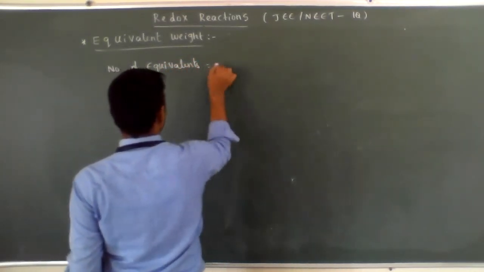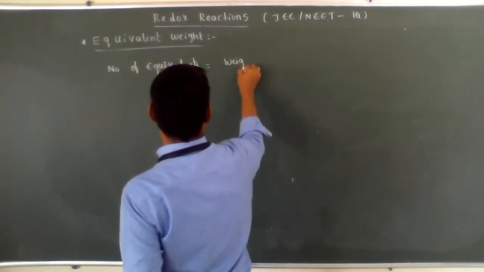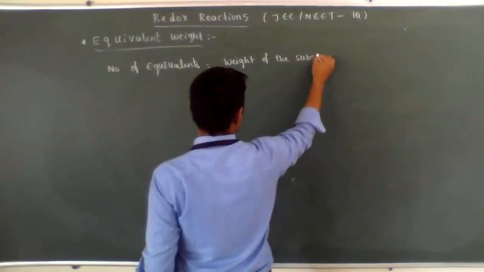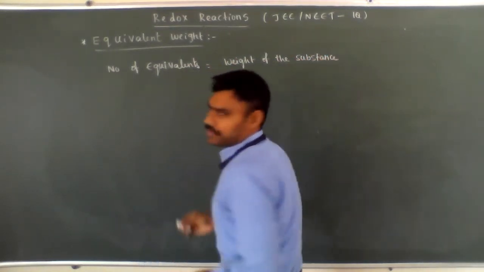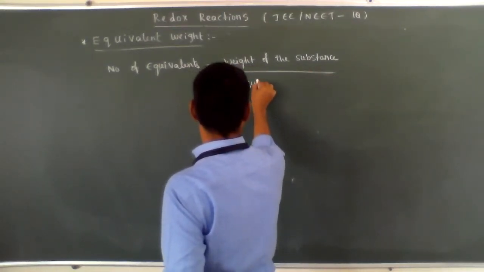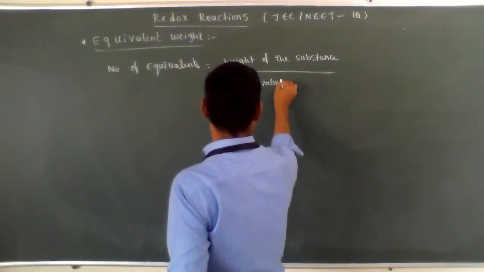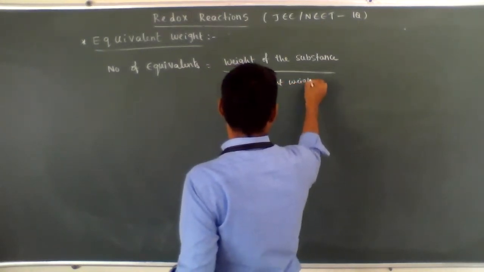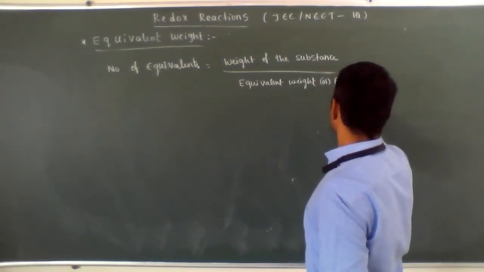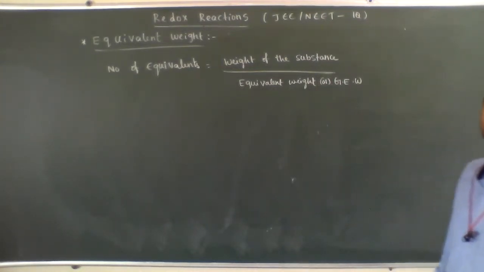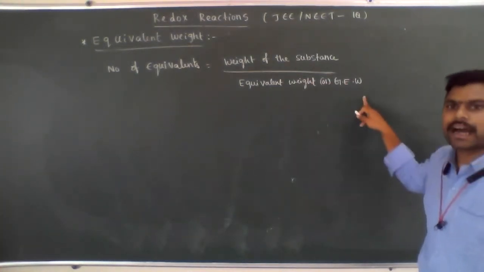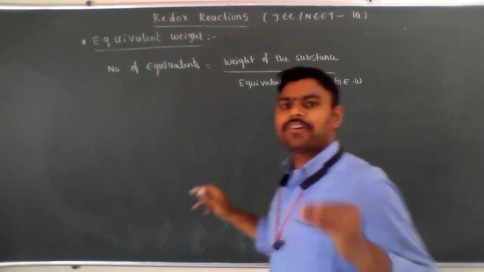The number of equivalents is equal to the weight of the substance by equivalent weight, or gram equivalent weight. So the number of equivalents is equal to the weight of substance by equivalent weight or gram equivalent weight.